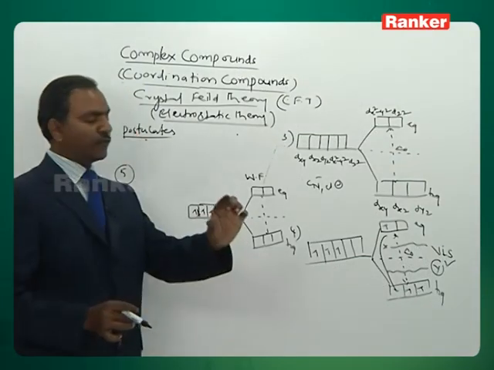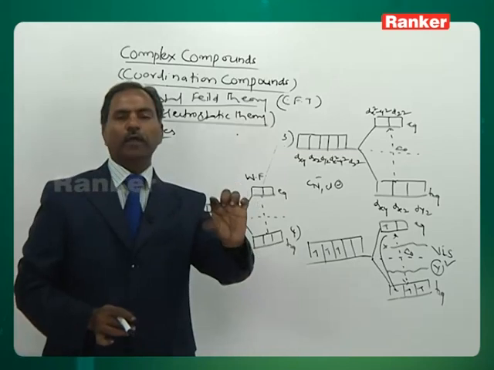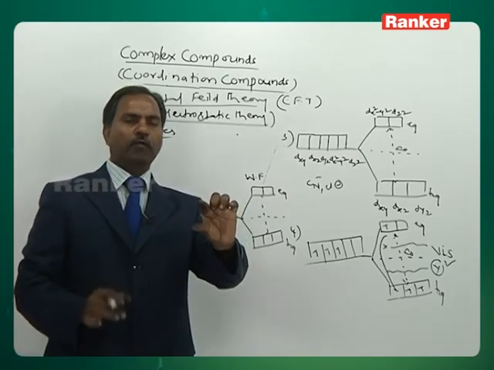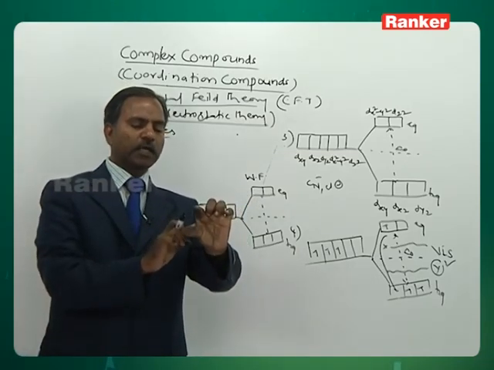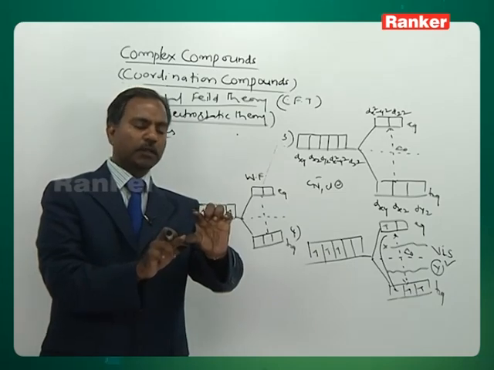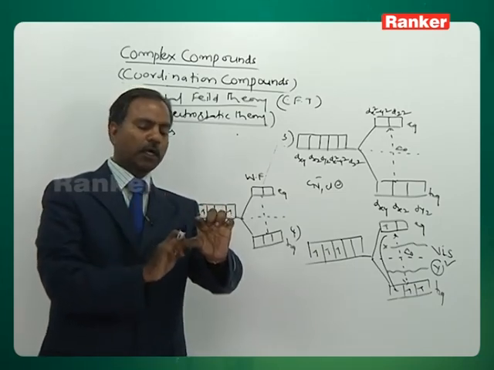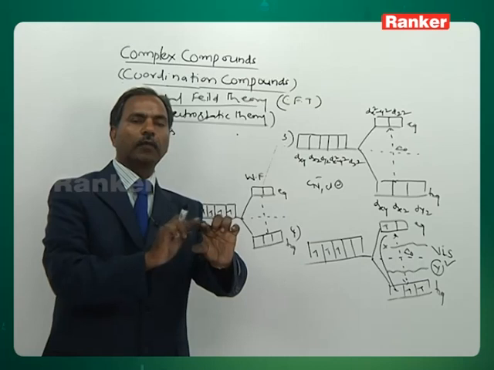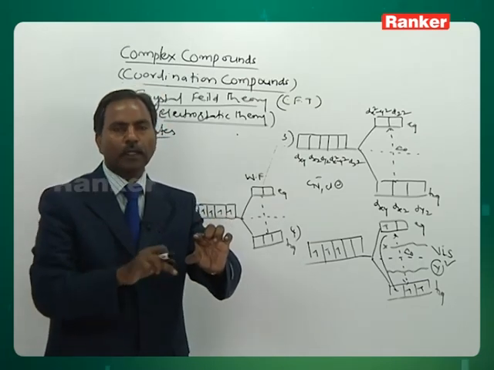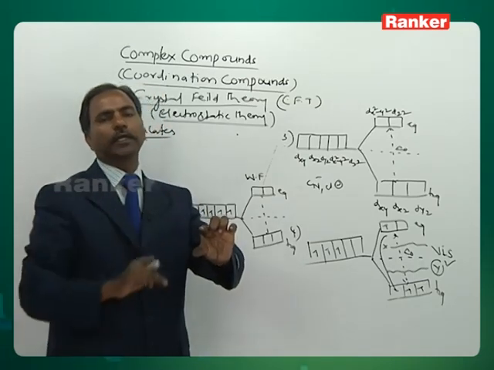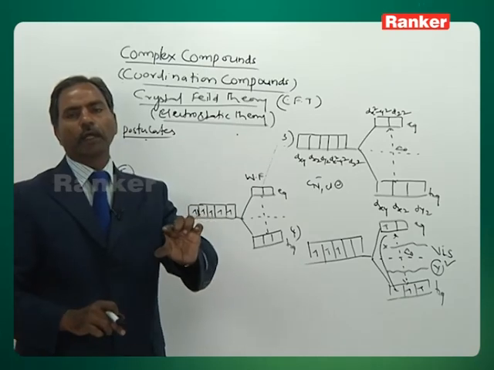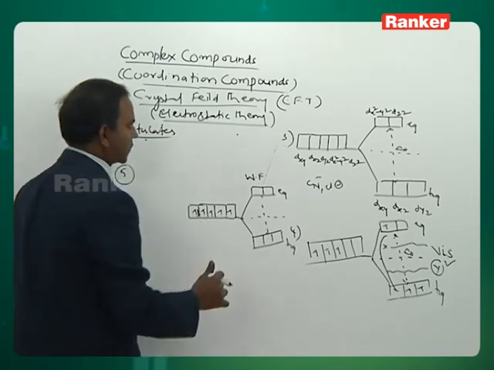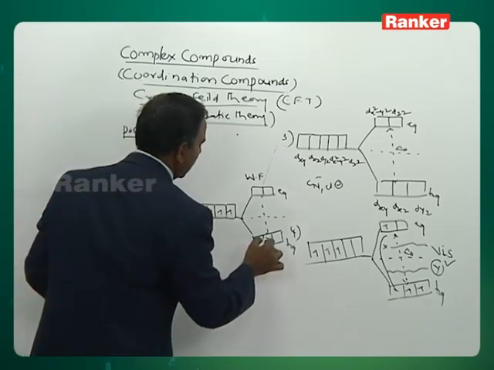Once a weak field ligand is there, the splitting of d orbitals is less, so there is not much energy difference. Electrons can enter the lower energy level and similarly the higher energy level. Therefore, pairing of electrons does not take place with a weak field ligand.